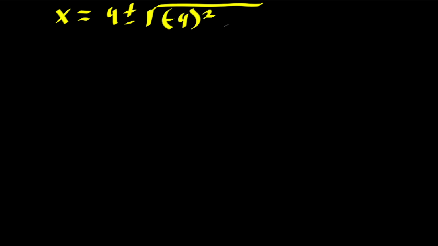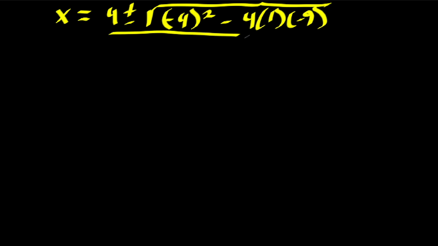So let's rewrite this just so I have room. I'll just rewrite the whole thing. It'll be fine. 4 times 1 times negative 9, and then it's all over 2. All right.